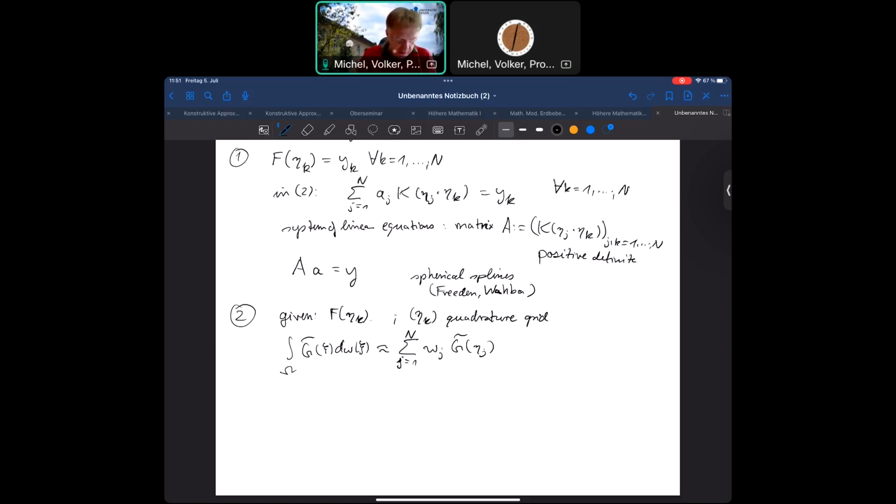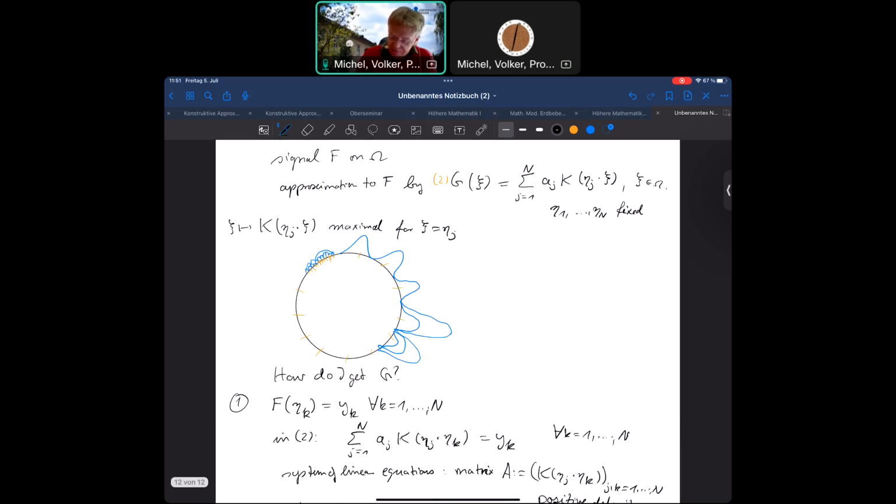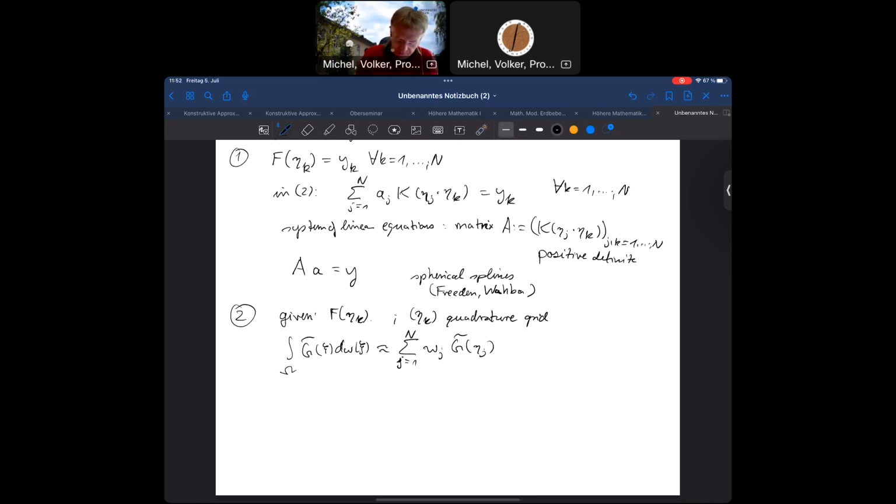So what I'm using here is now my function g that I had above, equation 2. Here above. So again, my g of xi, I assumed it to be just the sum over j equals 1 to n of some coefficients a_j, and then k of eta_j times xi.